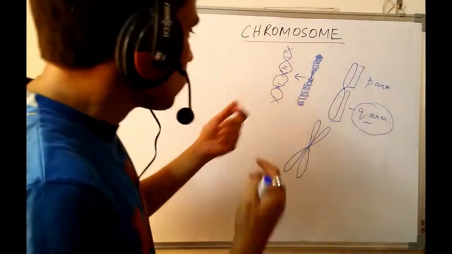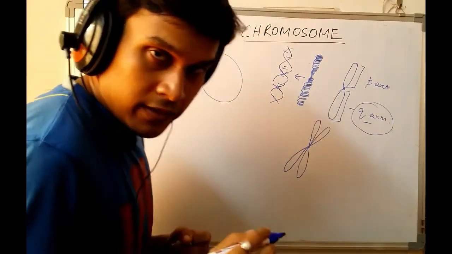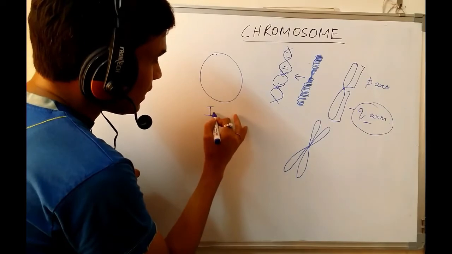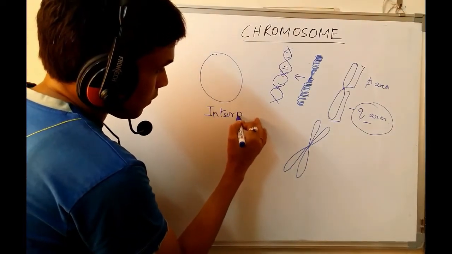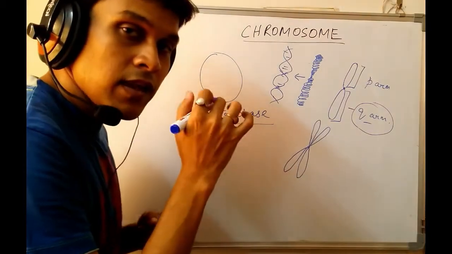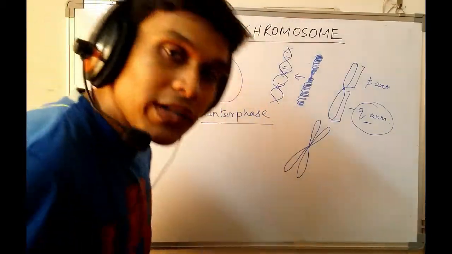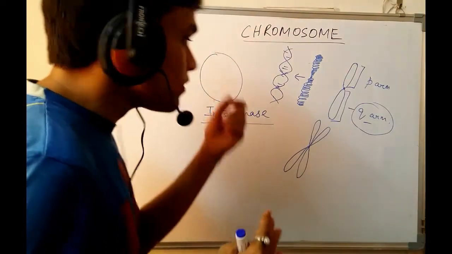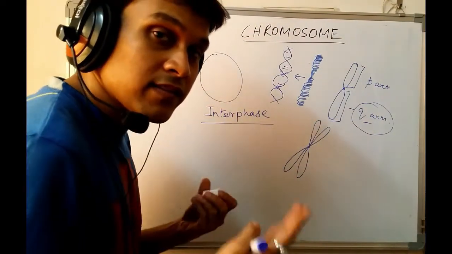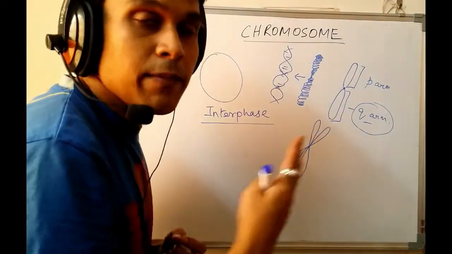So when the cell is in the interphase, that phase is called interphase. When the cell is in interphase, DNA is not replicating and the cell is not dividing. When the cell starts dividing, prior to that DNA is replicated.